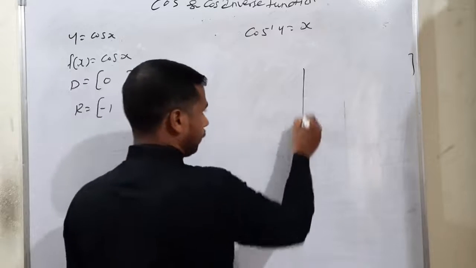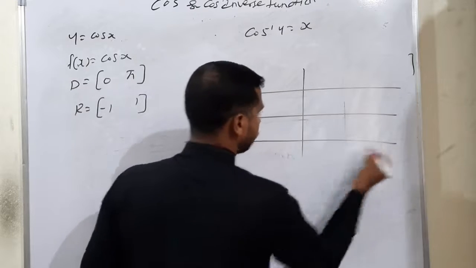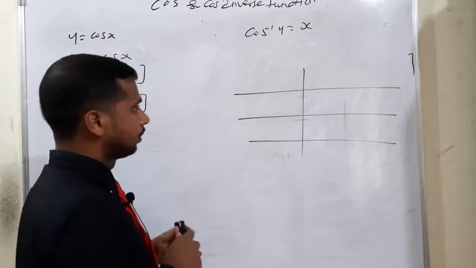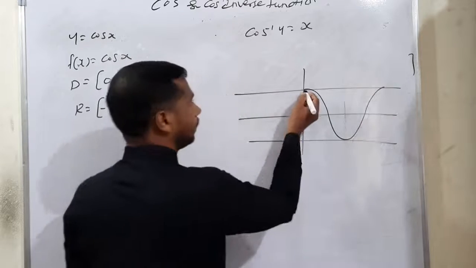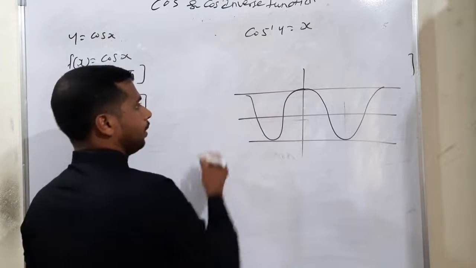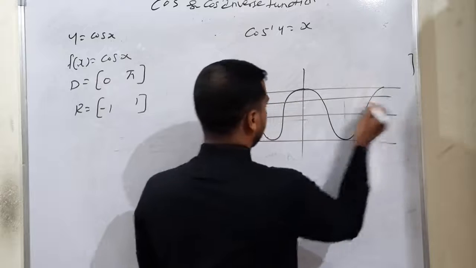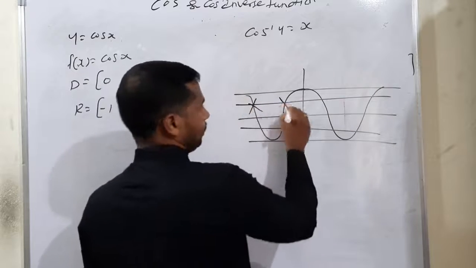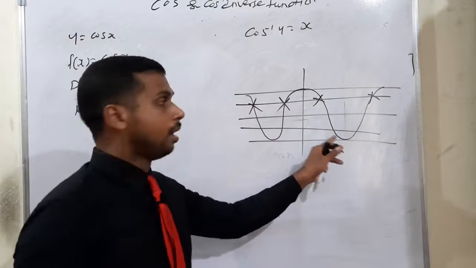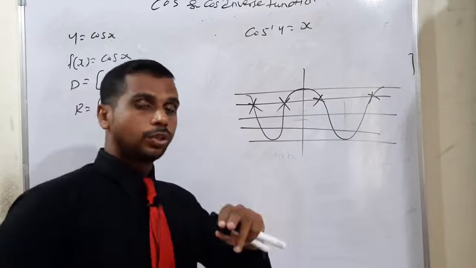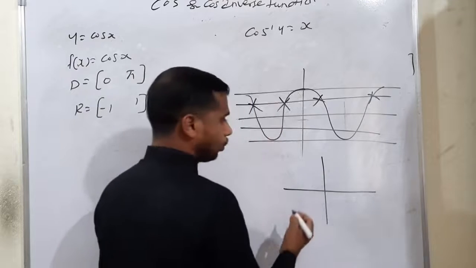Look at the cos x graph: it is not 1 to 1, because if you draw a horizontal line, we can have so many meeting points. But it is 1 to 1 if you take the particular domain 0 to pi.